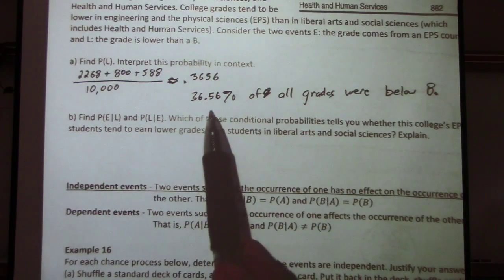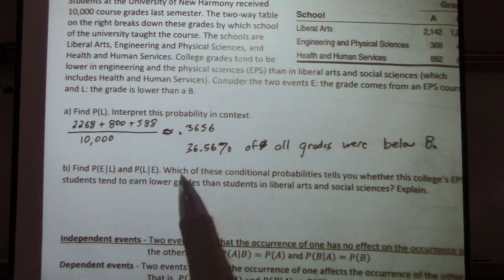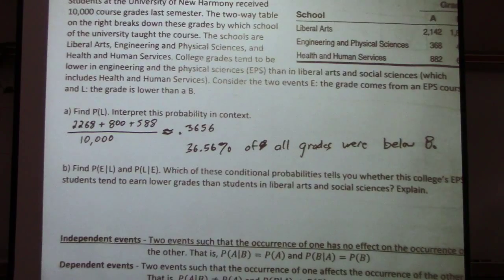This is actually just a fact here. For these 10,000 grades, 36.56% of them were below a B.